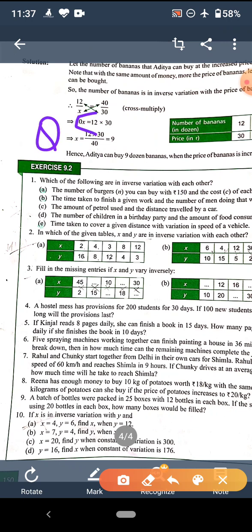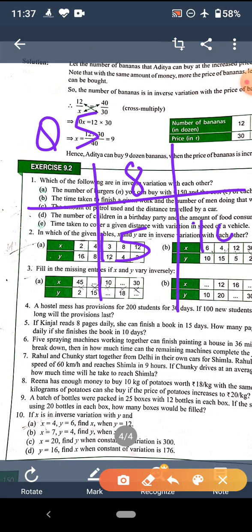This is an easy exercise. If Kinjal reads 8 pages daily, she can finish a book in 15 days. Okay, and if she finishes the book in 10 days, how many pages will she read? So here you will make a table: number of pages she reads, and number of days she will finish the book.